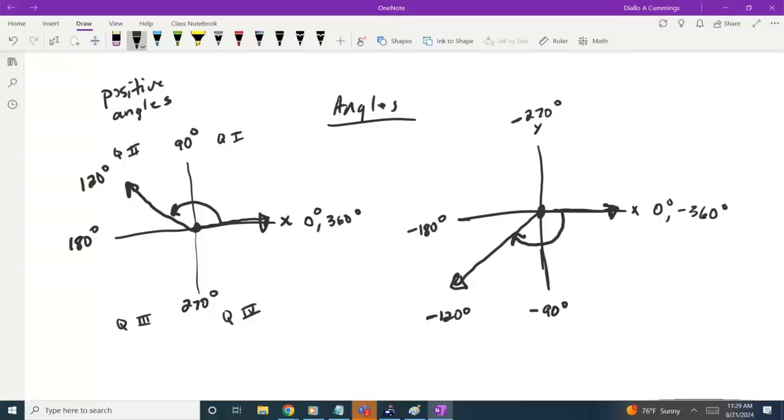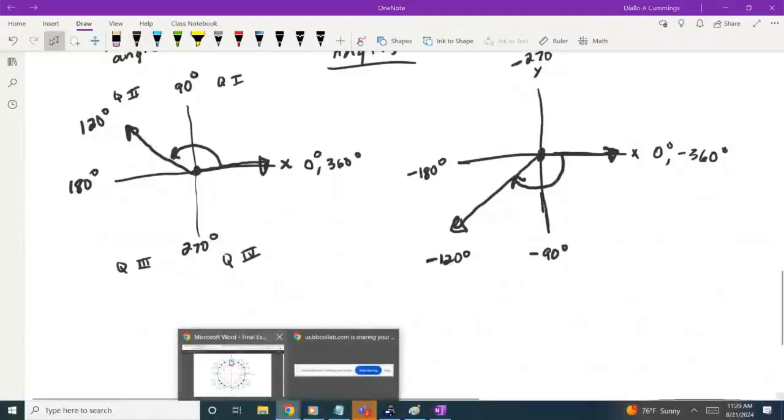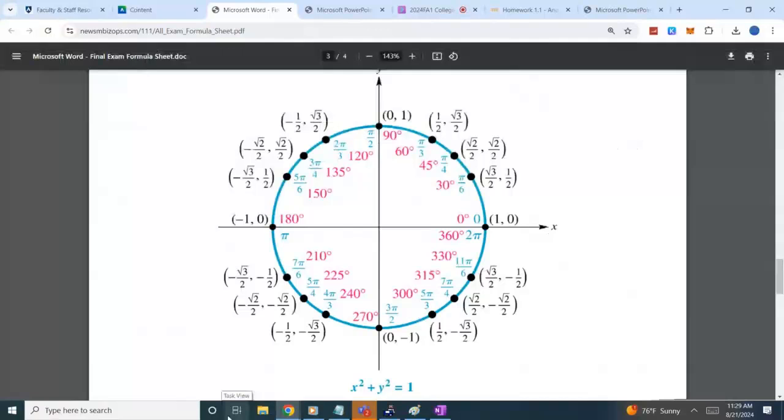Here's one thing you may want to do. On your unit circle, you may want to write 0, negative 90, negative 180, negative 270, and negative 360. And then you may want to write all of these negative equivalents. So this is positive 330 degrees.